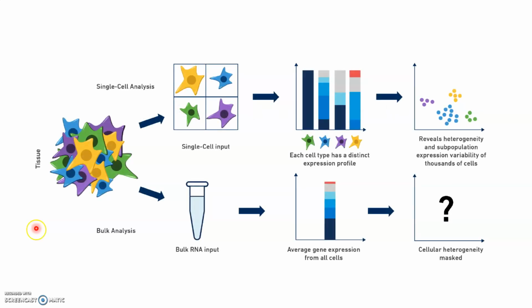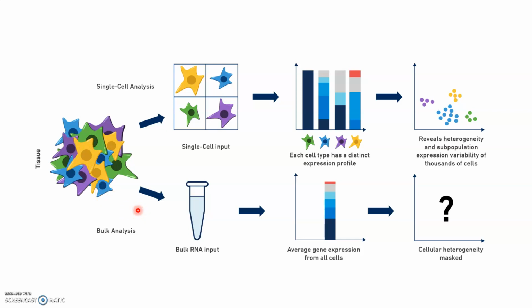So, you see down below, we've been analyzing bulk RNA sequencing. Basically, we take any particular tissue that we're studying, and we know from our basic biology classes that a tissue is a very heterogeneous group of cells. We see all of our different cell types in different colors here.